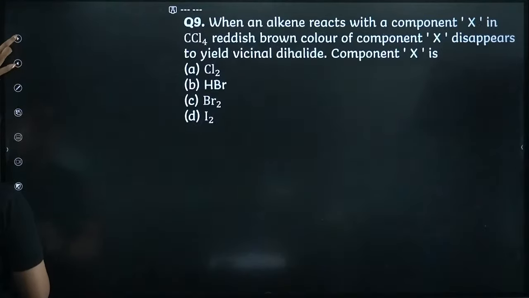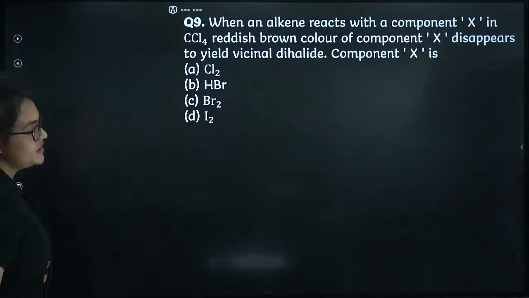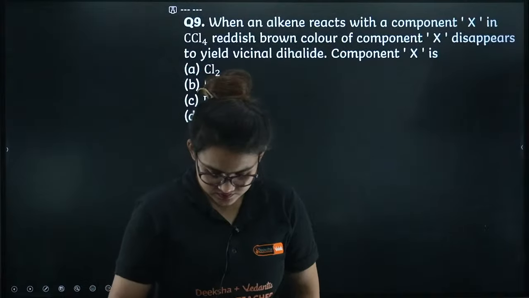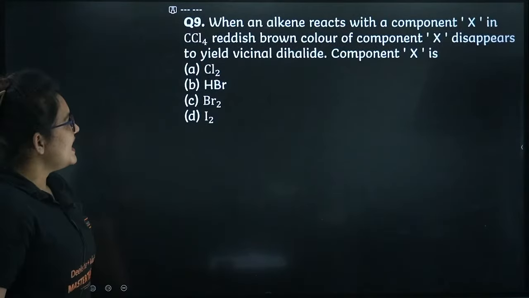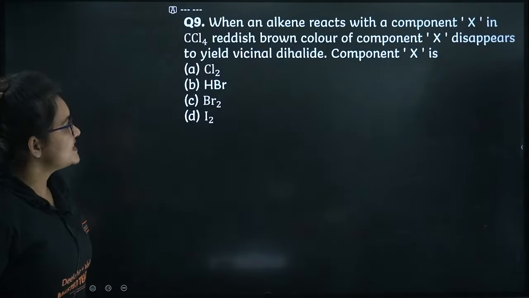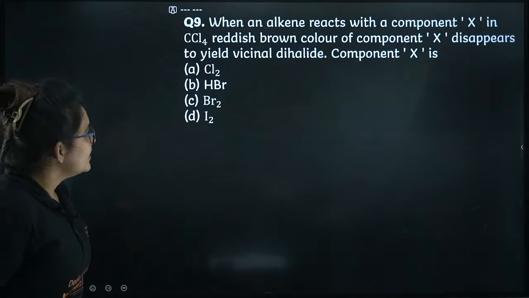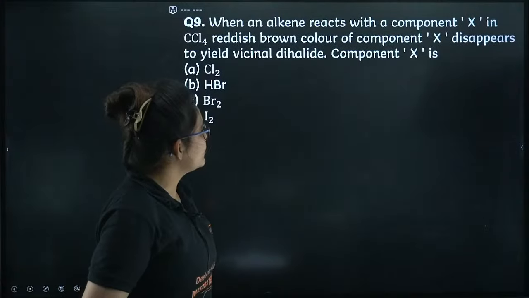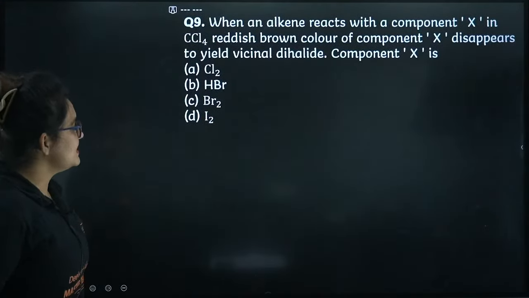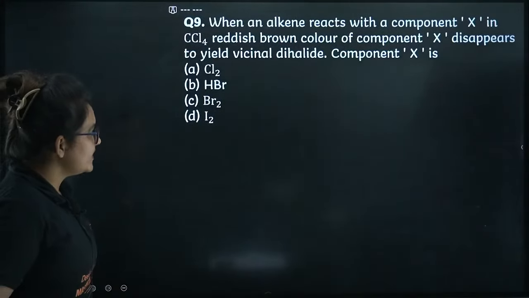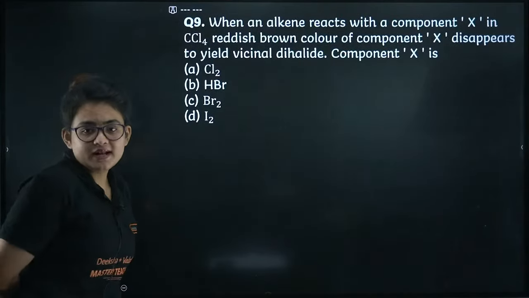Okay, so here you can see the next question. When an alkene reacts with a component X in CCl4, reddish brown color of component X disappears to yield vicinal dihalide. Component X. Okay, so basically what happens?